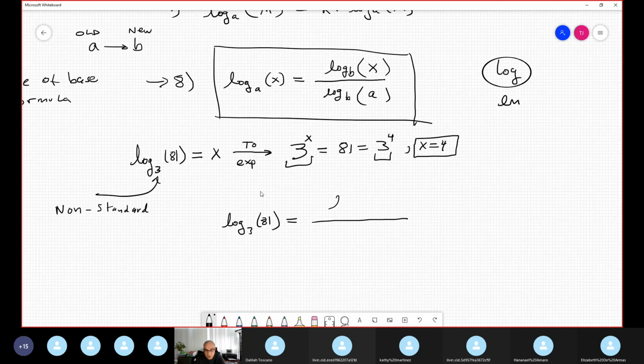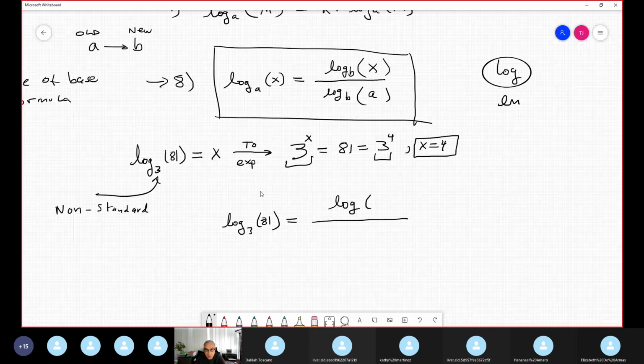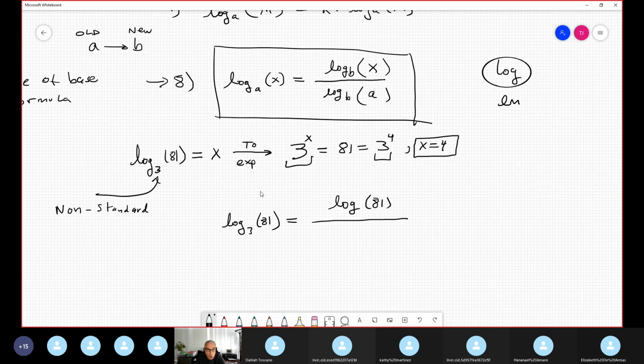You put here LOG of 81, the same number, and the new base, so the old base is 3, the new one is 10. When it's 10, no specification is necessary, because everyone assumes it as the default, and logarithm base 3.